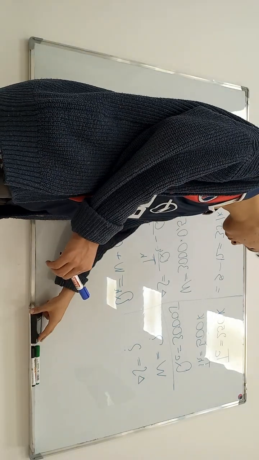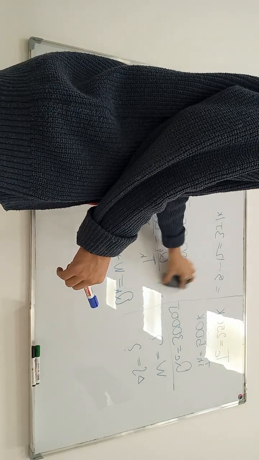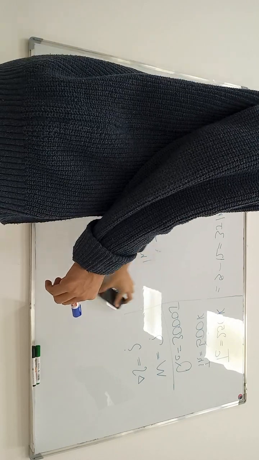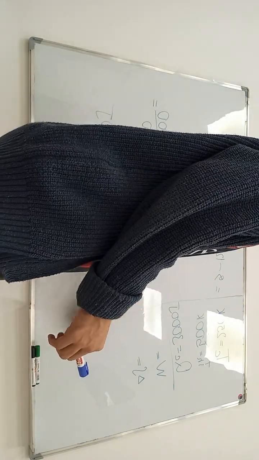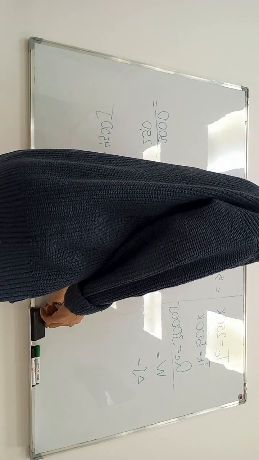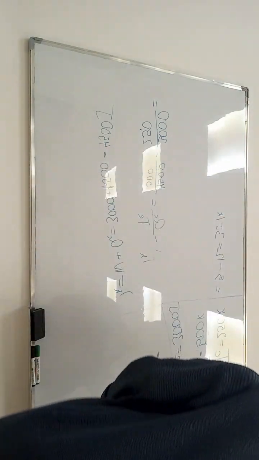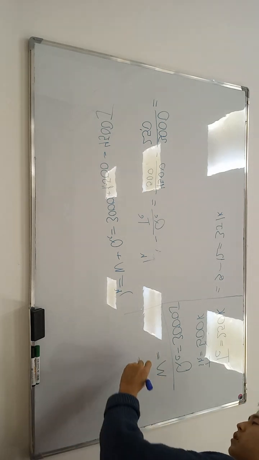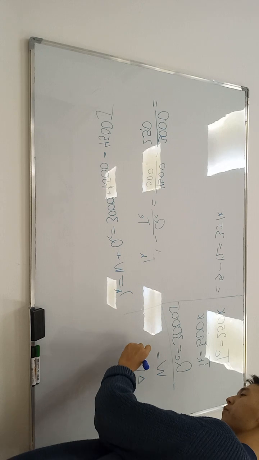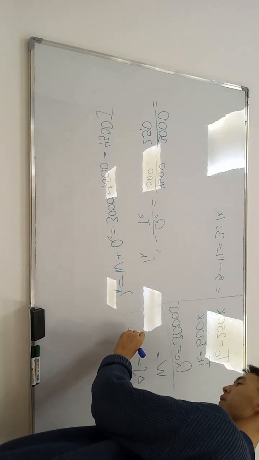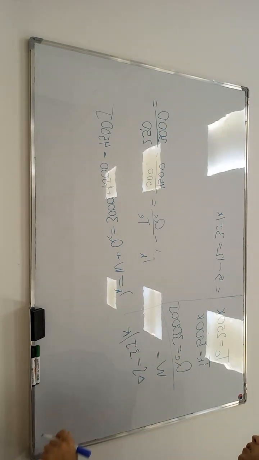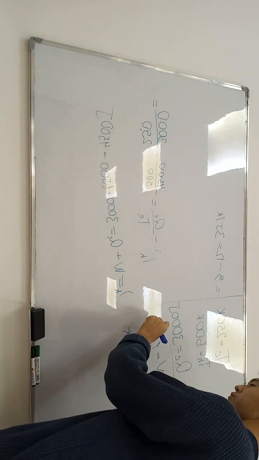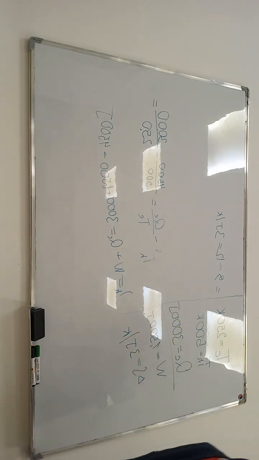So the answer: the entropy is 3 joules divided by kelvin, and the work is 1,500 joules. The problem is solved.